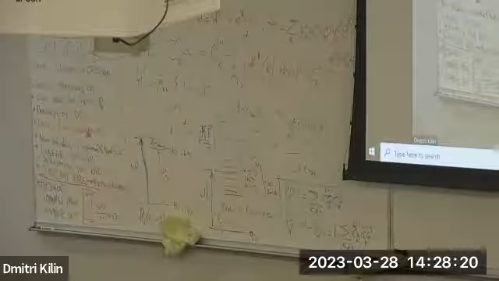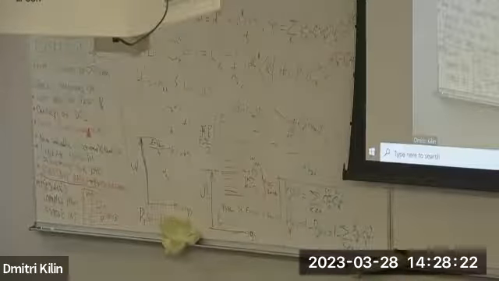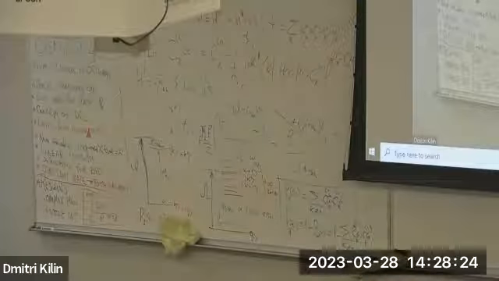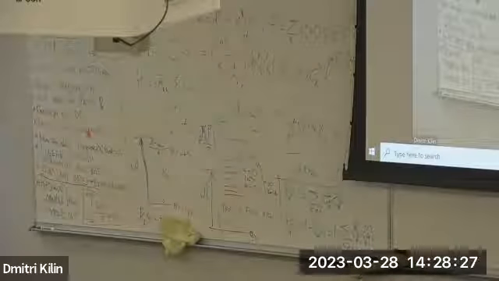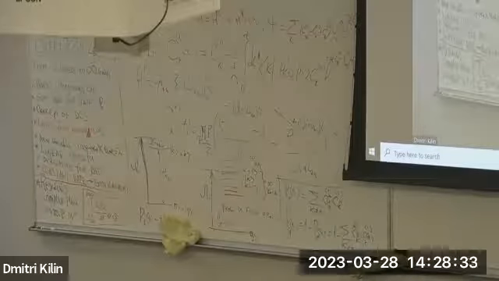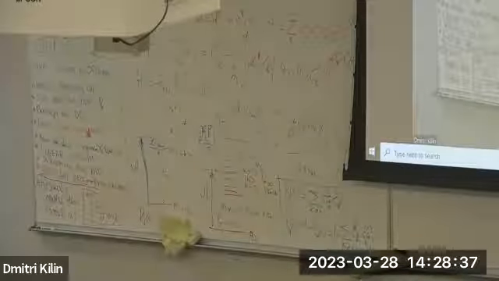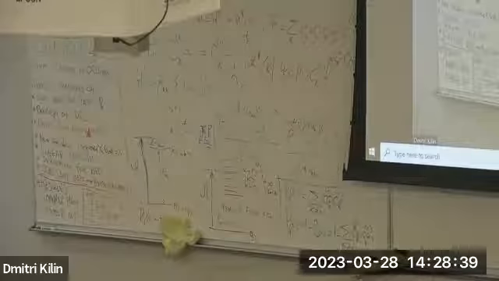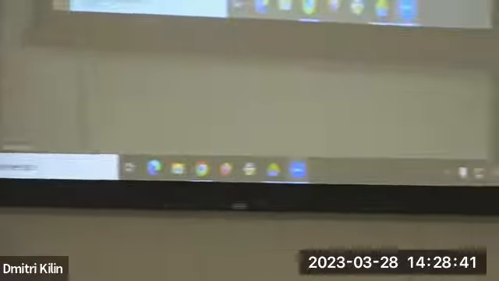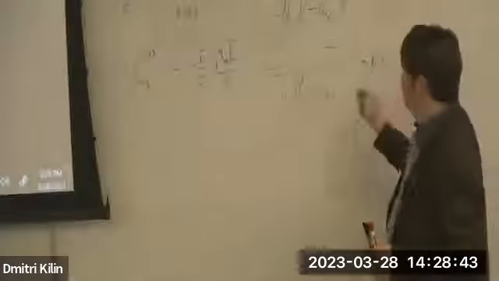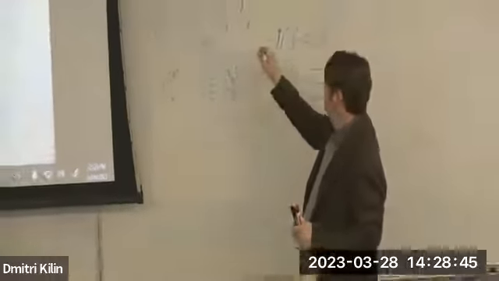And now I keep only e to the minus i omega 1 t minus i omega minus omega k1 t, plus the complex conjugate, which we cancel and discard because of resonance conditions.